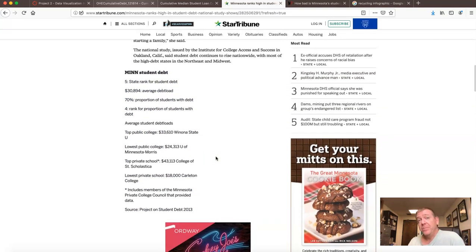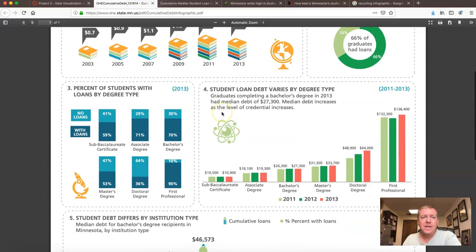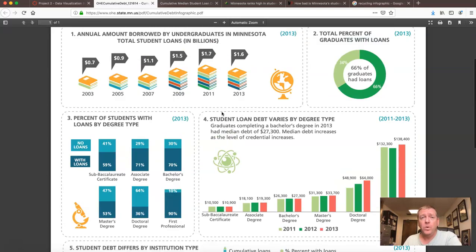So it's kind of a data dump, more or less. And all they're doing is repeating what another study had shown. So it does very little for the reader. It's hard to find information. And again, it relies on the reader. It forces the reader to go find the information that you want them to find, versus a nice infographic, which helps the reader identify information very quickly, and it helps you set the story for what you want to tell.